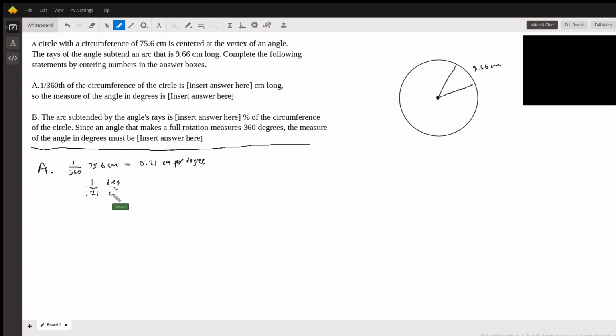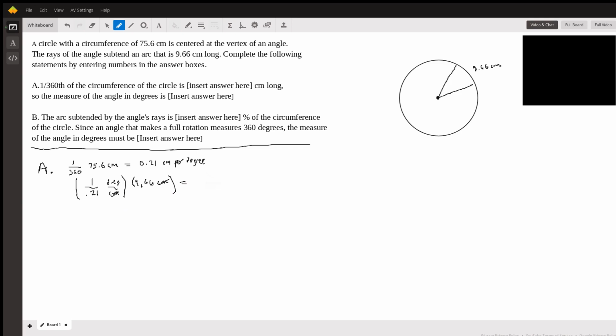This is centimeters, times the 9.66 centimeters. You can see that the centimeters cancel, and we're going to get degrees here.